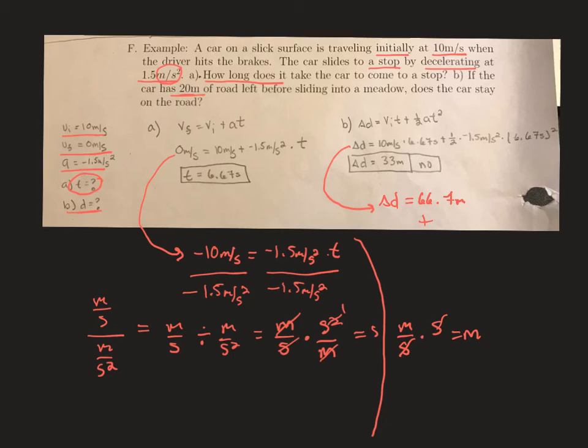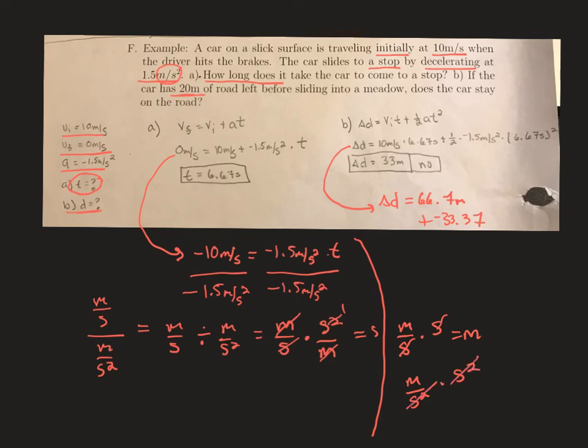And we're going to take that plus 1/2 times the negative 1.5 times the 6.67 squared. So that gives us a negative 33.37. Let's look at the units for that. We have the 1/2 is unitless, so we have meters per second squared times seconds we've now squared.